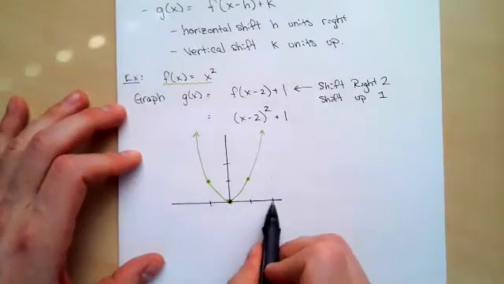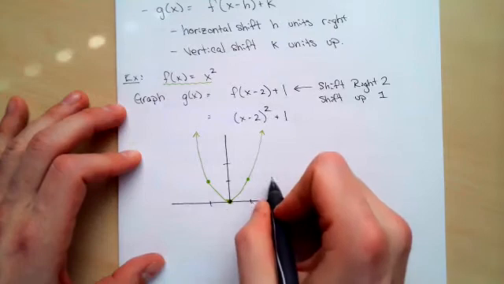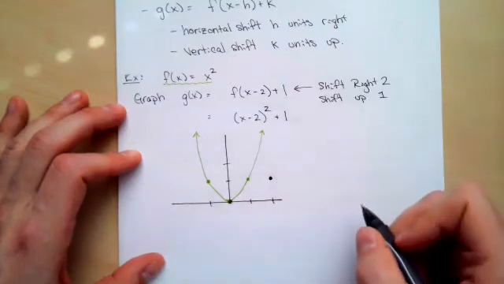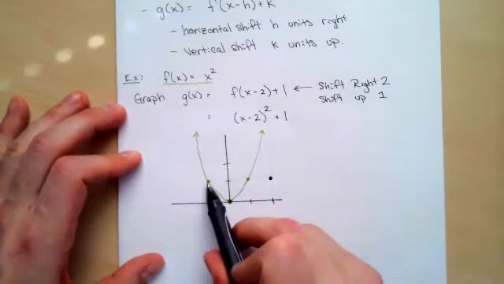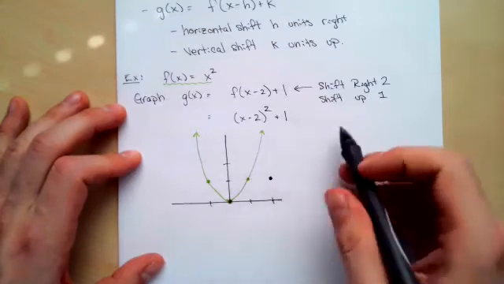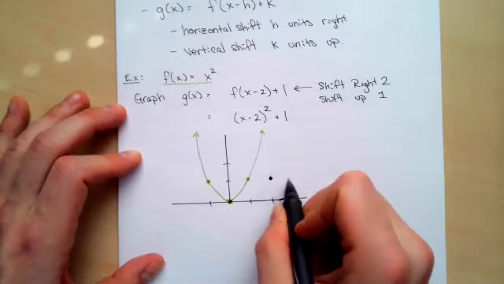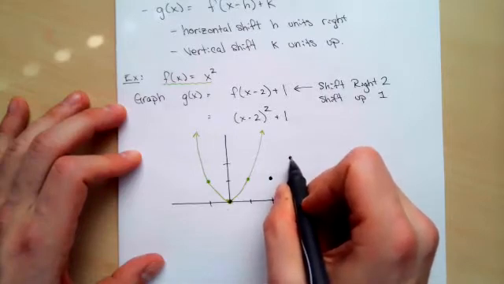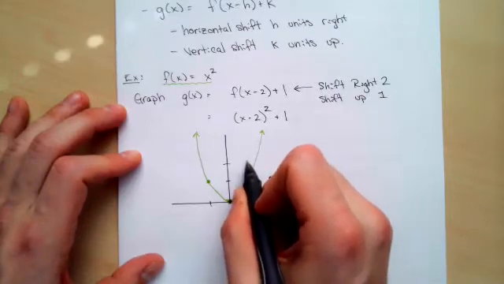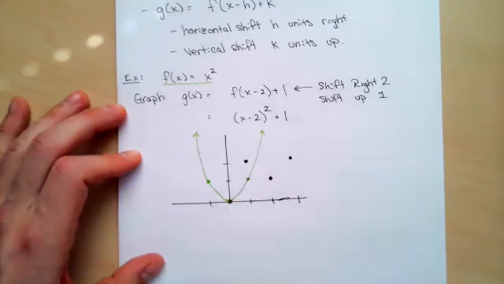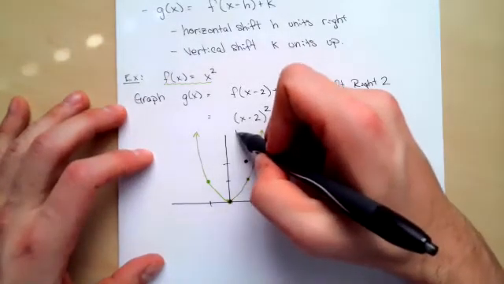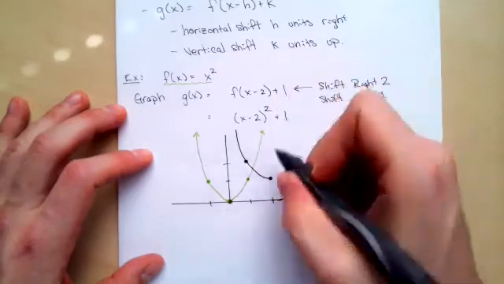We're going to go right 2 and then up 1. And then the relative position is the same. So to find our other points, from there I can go right 1 and up 1, and I can go left 1 and up 1. And that will determine my parabola.